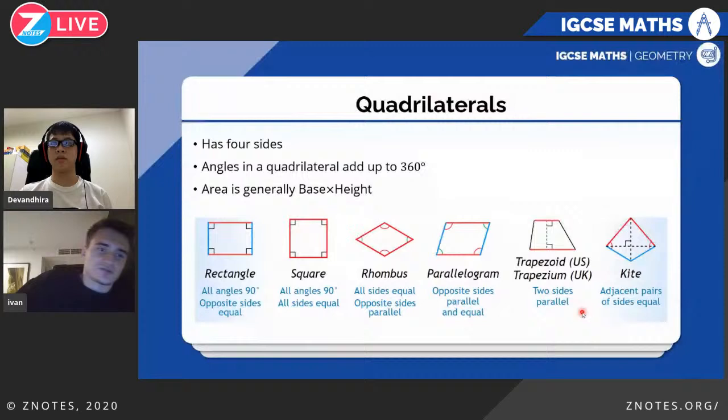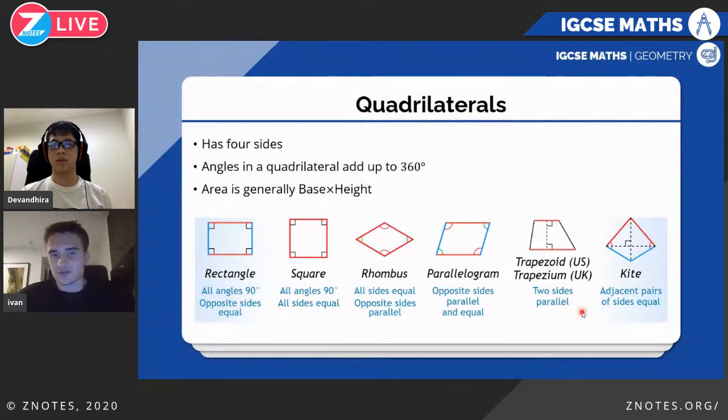Okay, we can now move on to, I guess, a more complicated polygon, which is quadrilaterals. These guys have a bit more complicated classification because you have one more side. But the angles in a quadrilateral add up to 360. If you want to figure out a pentagon, you just add 180 each time, and that kind of gives you your formula.